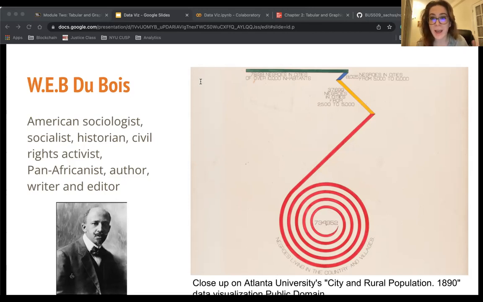So thinking about how data information can be used to prove a point, to really show a lot of injustice in numbers, is really powerful when you can start to use data to actually show what's going on in the world and have it be so visually simple and elegant that it proves your point and people can recognize something like social injustice.